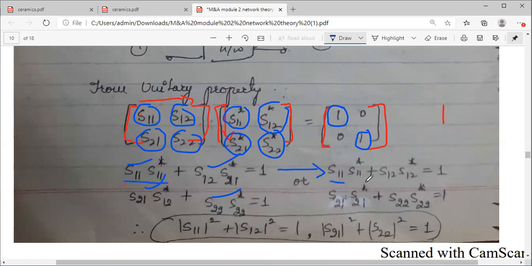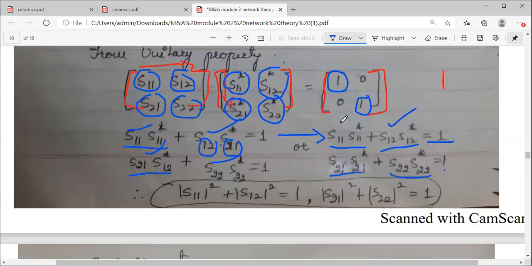So the first term I have written as it is. For the second term, it is 1 2 and 2 1, so it will become S12 and S12, because of this equal to 1. Here also it is S21 and S12, so you can take either 1 2 or 2 1, plus 2 2 is equal to 1. So this is using the symmetric property.